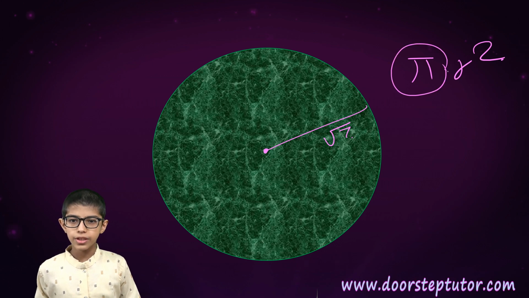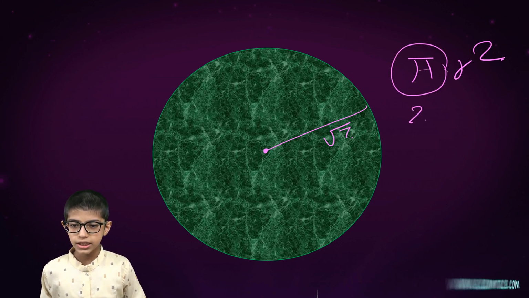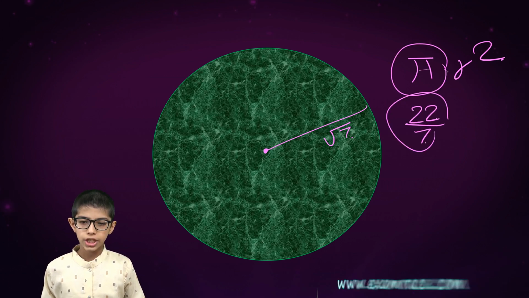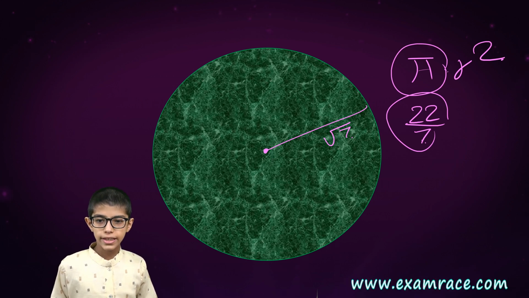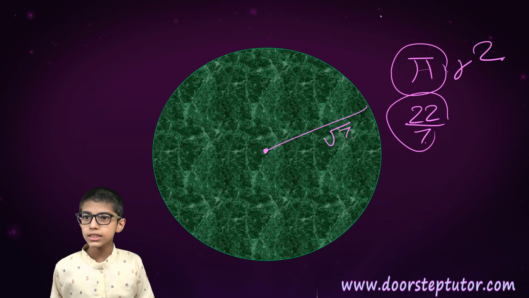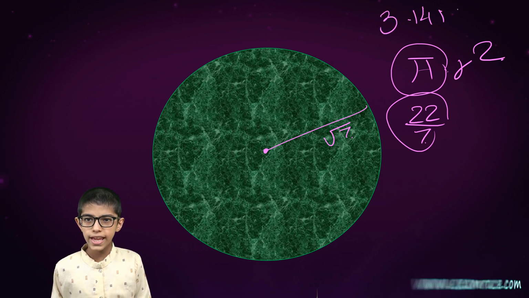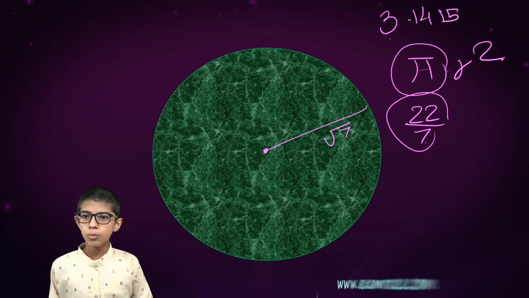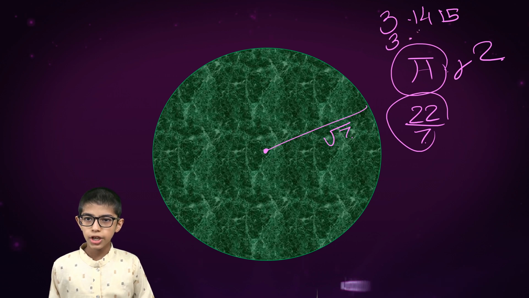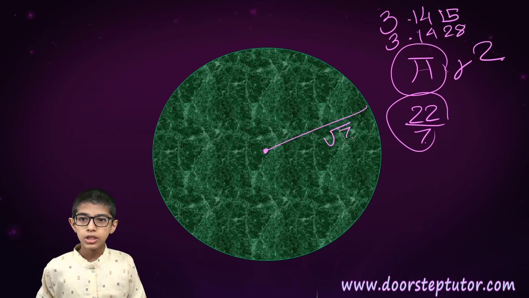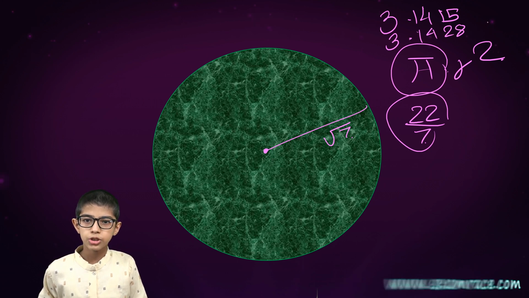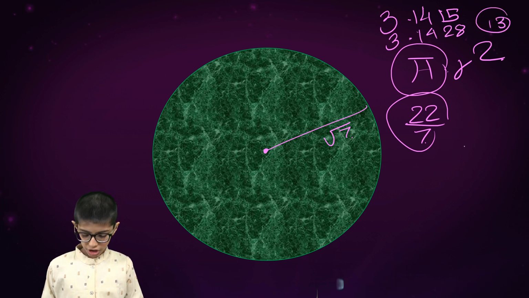And if in the question it is given pi is equal to 22 by 7, it is not exactly equal to 22 by 7. 22 by 7 is a little greater, as pi is 3.1415 and 22 by 7 is about 3.1428. There is a difference of about 0.0013.